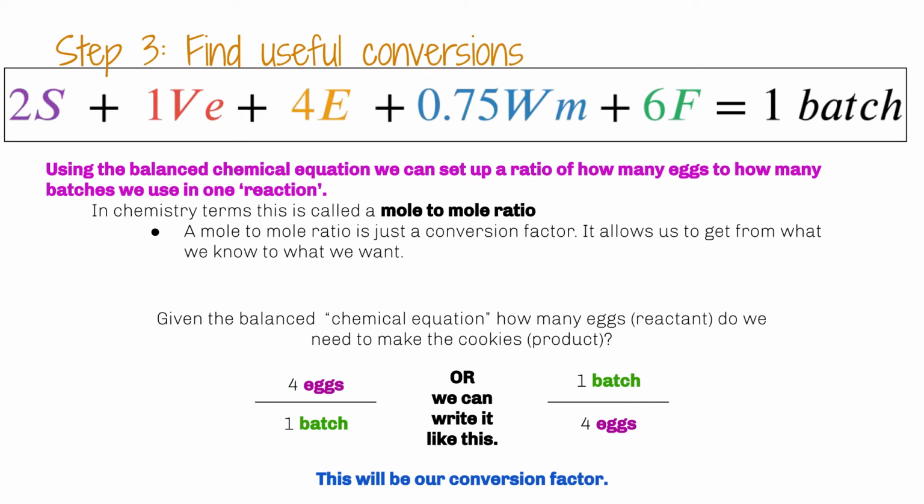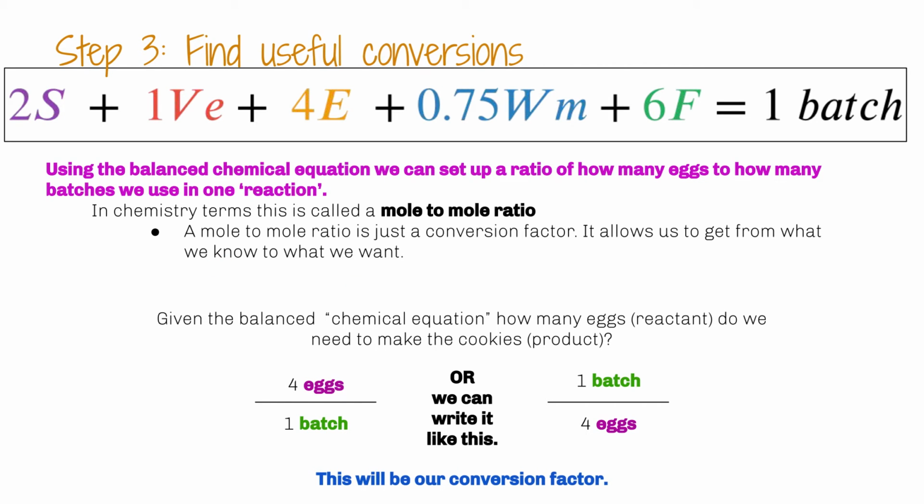Step 3 is to find useful conversions. So using this balanced chemical equation, we can set up a ratio of how many eggs to how many batches we use in one quote-unquote reaction. In chemistry terms, this is called a mole-to-mole ratio. A mole-to-mole ratio is just a conversion factor. It allows us to get from what we know to what we want.